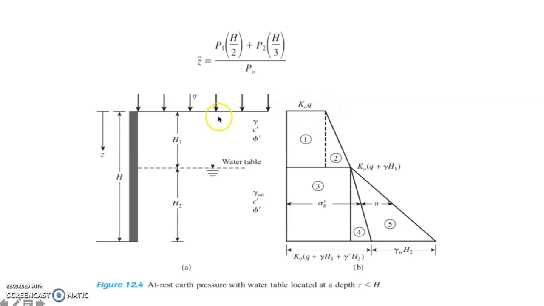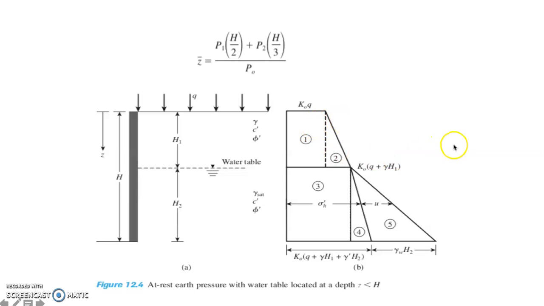Then at Z equal to H1, so this is our H1, purely soil, the vertical stress is equal to gamma times H1 plus Q, because we have a surcharge. Once you have computed that, you get your sigma H, or the lateral pressure, which is K naught times our value for sigma O, the vertical stress.